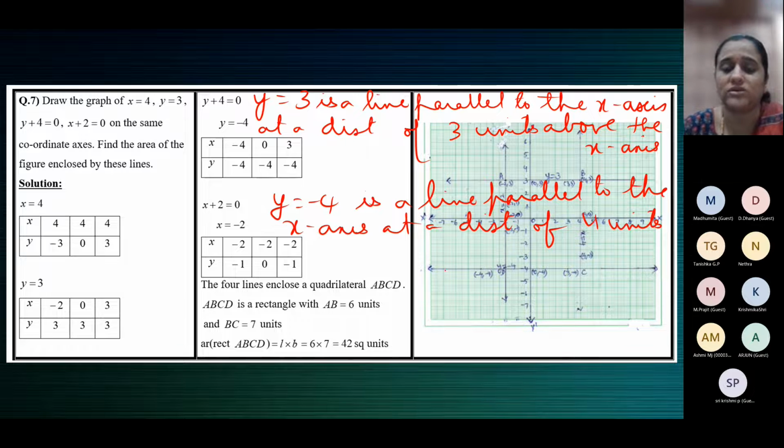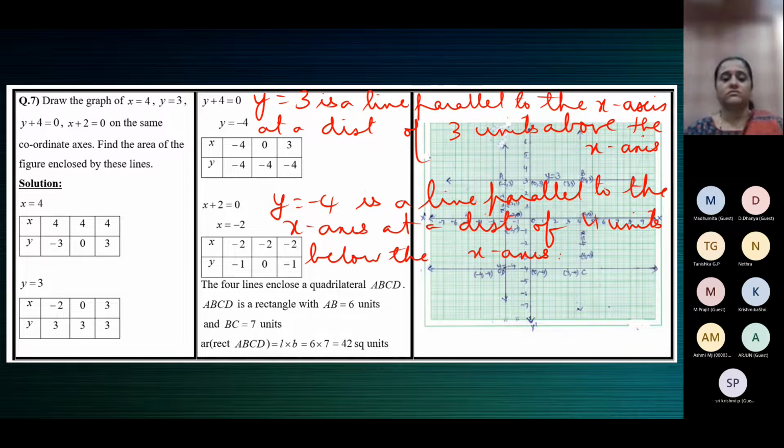You can see it also on the graph here. It's visible here. So at a distance of 4 units below the x-axis. Please write down. If you have not written, please write down.